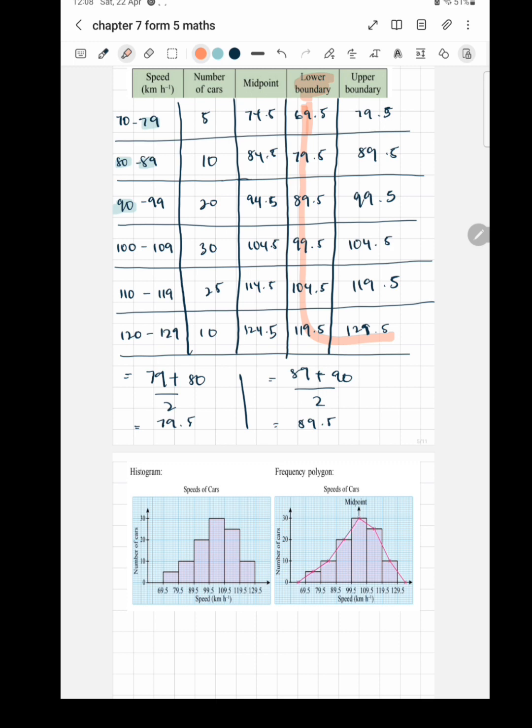So the first one is 74.5, and then 84.5, 94.5, 104.5, 114.5, and 124.5. In the frequency polygon, both ends must touch the ground of the horizontal axis. That is the rule of constructing a frequency polygon.